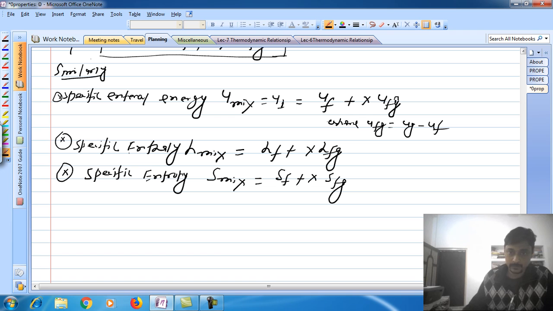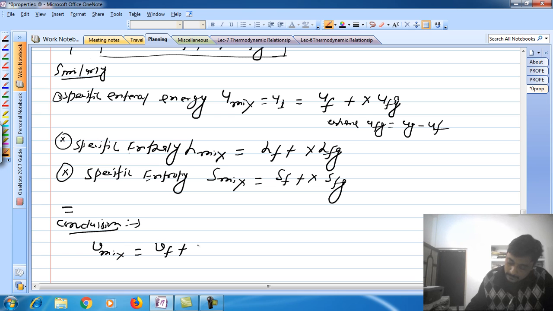So finally, the conclusion of this discussion is as follows. The specific volume of mixture is equal to the specific volume of fluid plus x vfg.